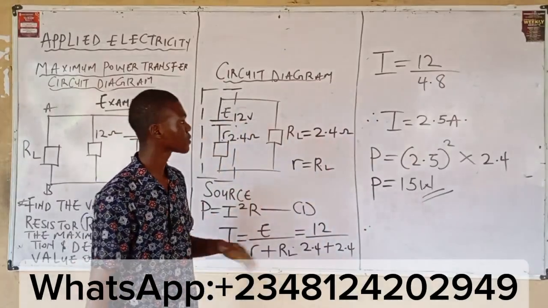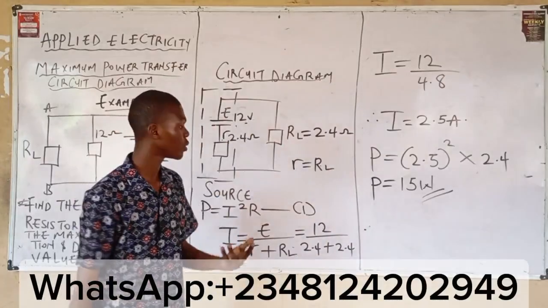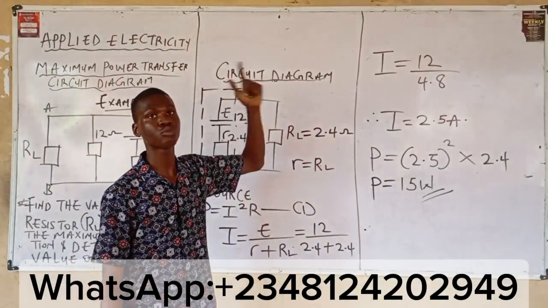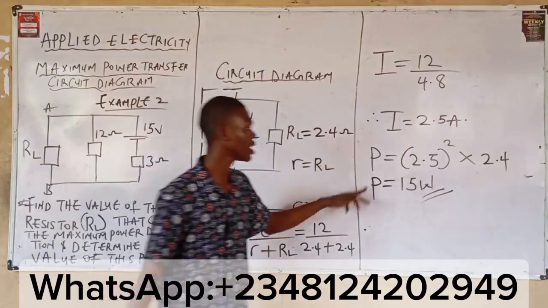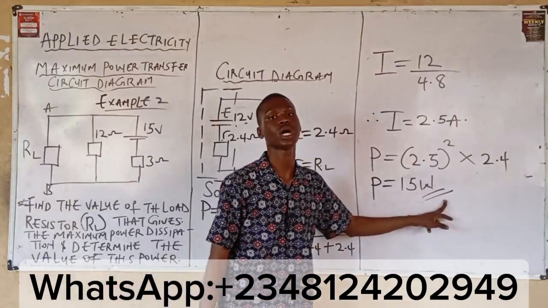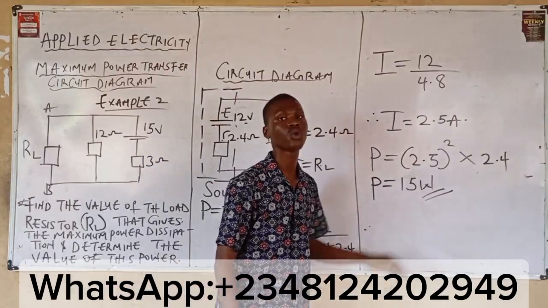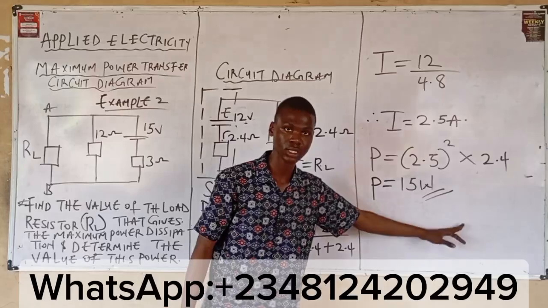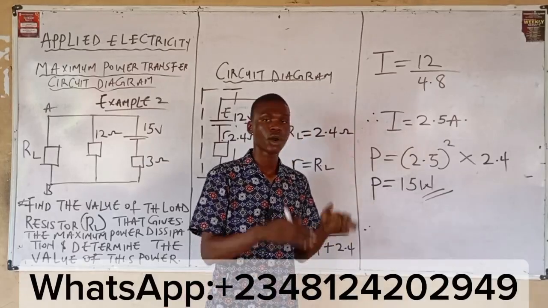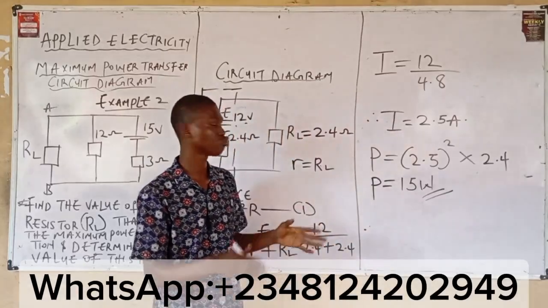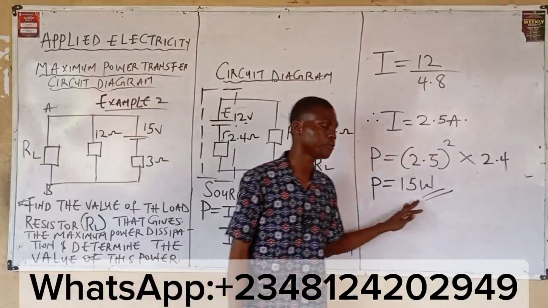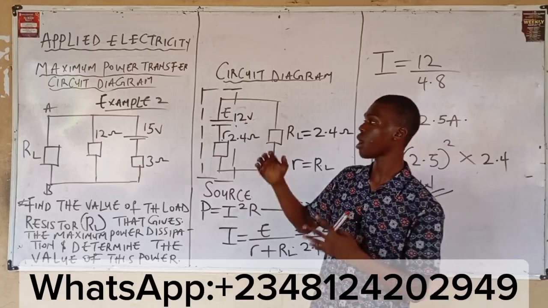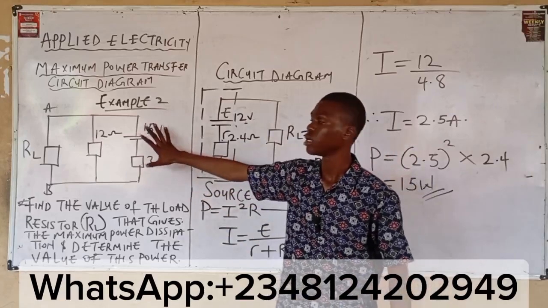So what it means is that for any value of resistor lesser than 2.4 ohms or greater than 2.4 ohms, we can't get the value of our power to be 15 watts. The value of the power will always be less than 15 watts. So when R is equal to 2.4 ohms, I'm having what? 15 watts, which signifies the maximum power of this circuit.